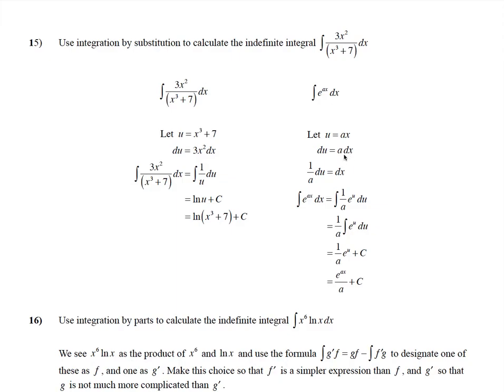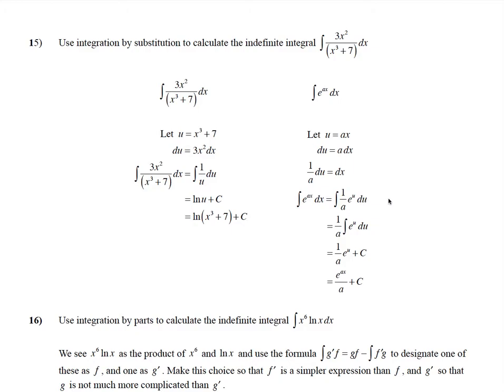Multiply both sides of this equation by 1 over a, and that gives us 1 dx over here and 1 over a du over here. And so when you substitute, you're substituting the 1 over a du for the dx, and the u for the ax.